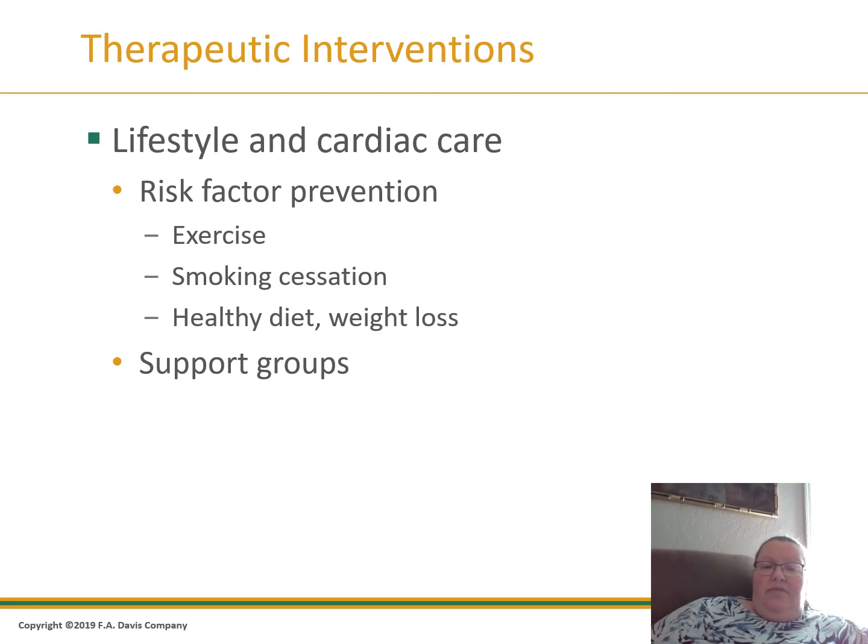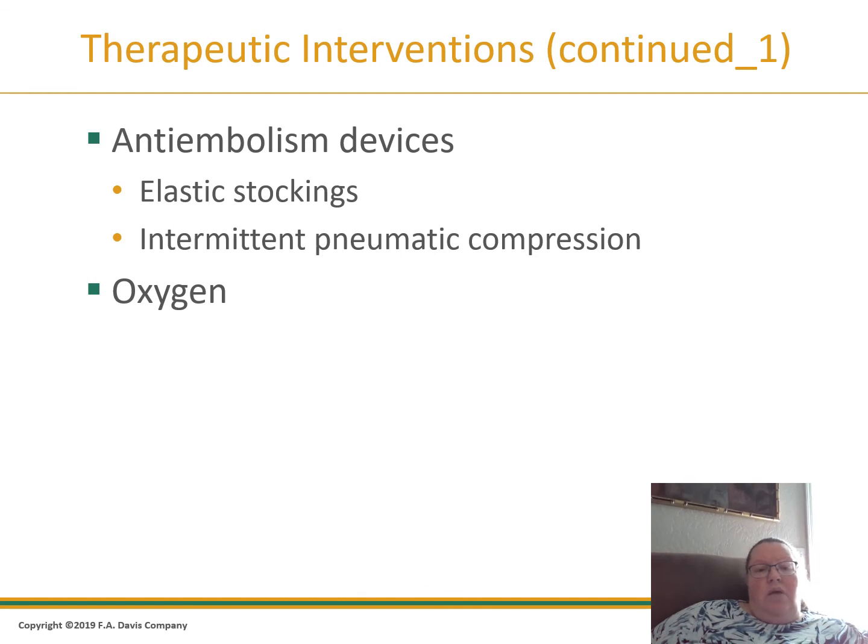So therapeutic interventions: lifestyle and cardiac care, risk factor prevention like exercise, smoking cessation, healthy diet and weight loss, and support groups. We want to use anti-embolism devices like the stockings. TED hose are really good things to wear.